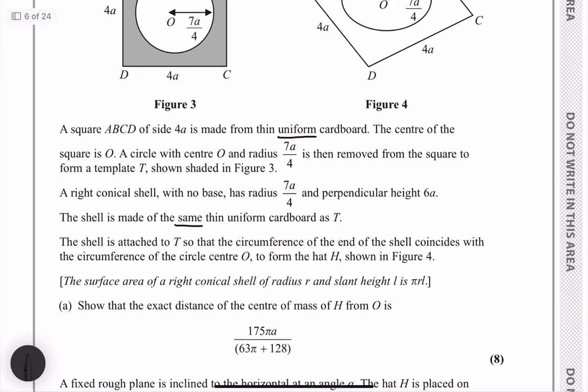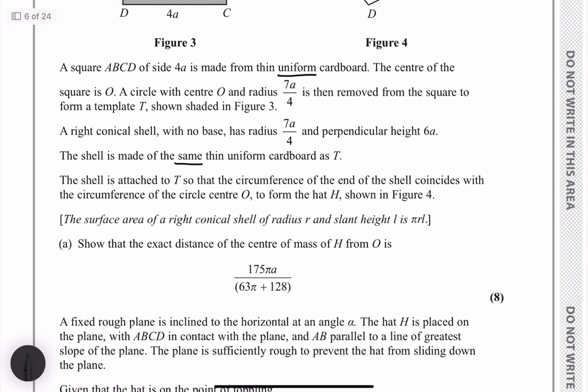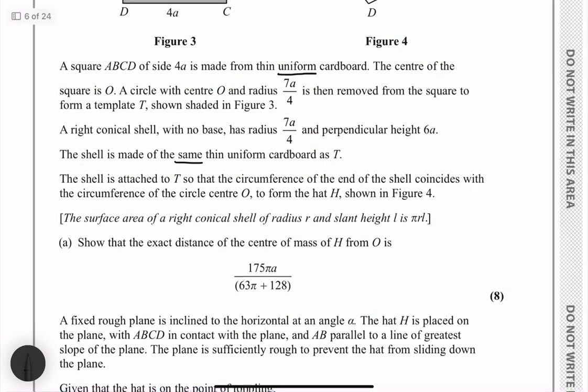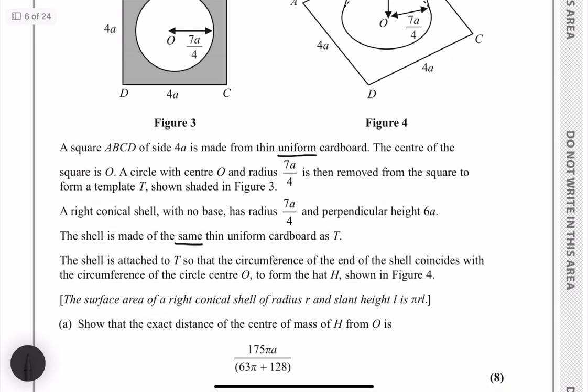We're also told the surface area of a right conical shell is pi r l. Show that the exact distance of the center of mass of H, the hat, from O is this horrible looking fraction. Okay, that's part A. Let's deal with this first. So we're doing a center of mass question.